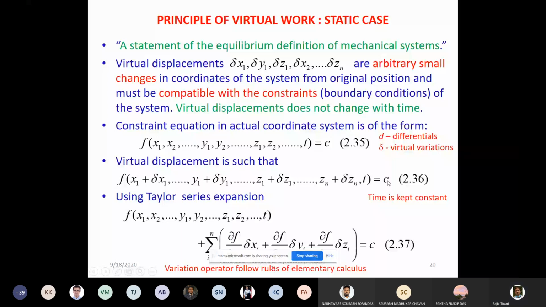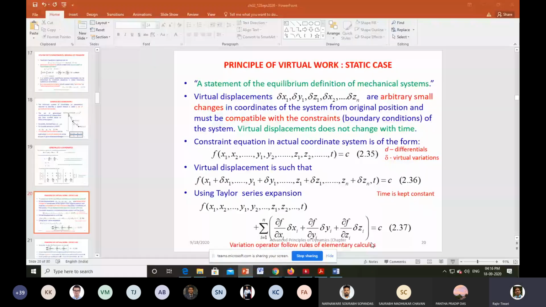The function equals c, where c is a constant. If we expand this using Taylor series expansion, then we can write the function with its differentiations with respect to all the coordinates. You can see that we have x, y, z, three coordinates, and if we have n number of masses, we'll have these terms n times.